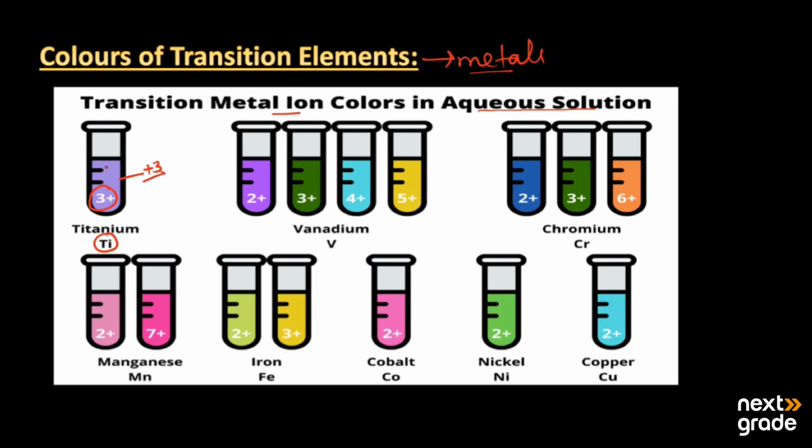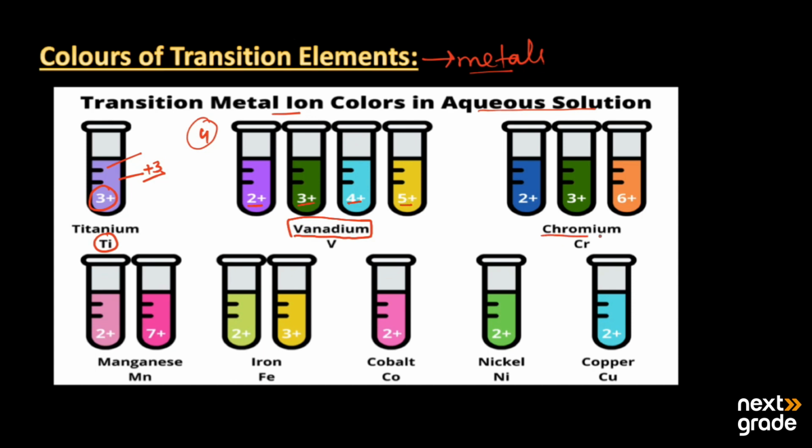So from that purple color, we can recognize that it is titanium. On the other hand, vanadium shows 4 oxidation states. In the plus 2 oxidation state, or in complex form, it is violet; in green, plus 3; in sky blue, plus 4; and when it is yellow in the crystals or the solution, its oxidation state is plus 5.